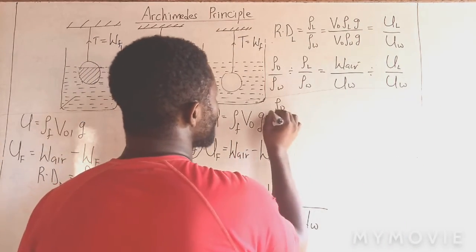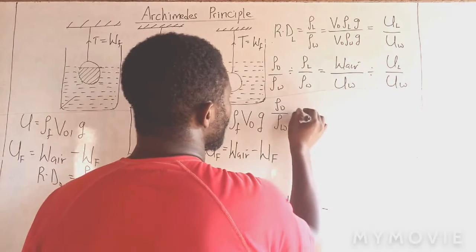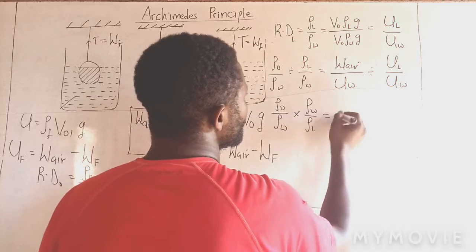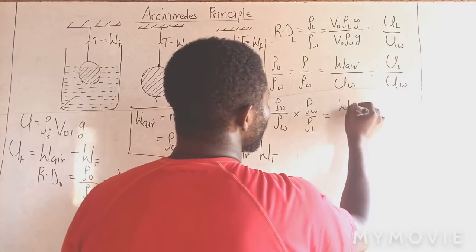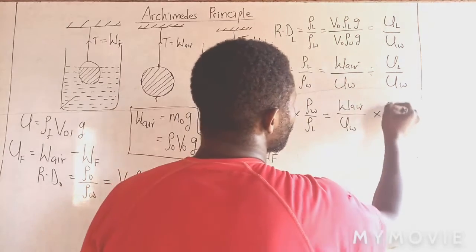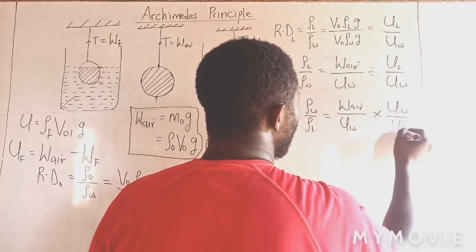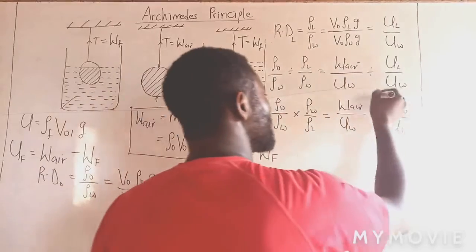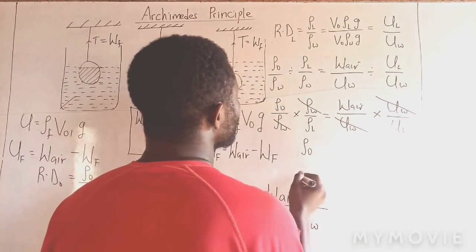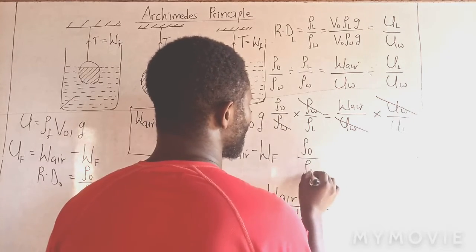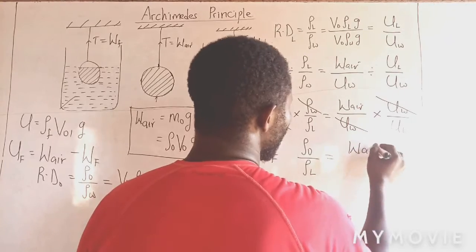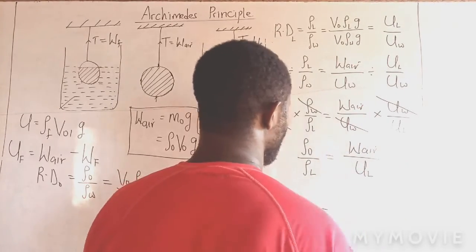This will give me density of object times density of water over density of water times density of liquid, equal to weight in air over upthrust in water multiplied by upthrust in water over upthrust in liquid. This will cancel this, this will cancel this, and I have density of object over density of liquid, which is equal to weight in air over upthrust in liquid.